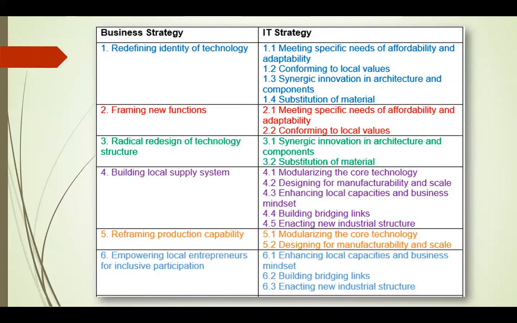Okay, so if we can continue with the next part. Moving on to number 5, reframing production capability. This basically means the activities that solar companies adopted to redefine the production technique that fits both the technical structure of their technology and local resource characteristics. This construct links up to this IT strategy, modularizing the core technology, which is 5.1, and 5.2, designing for manufacturability and scale.